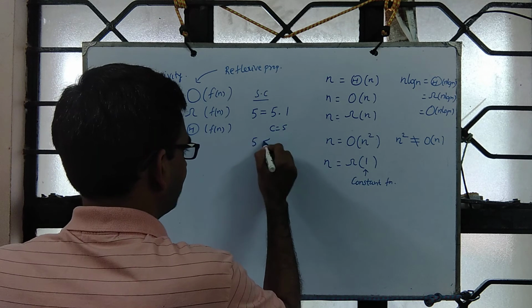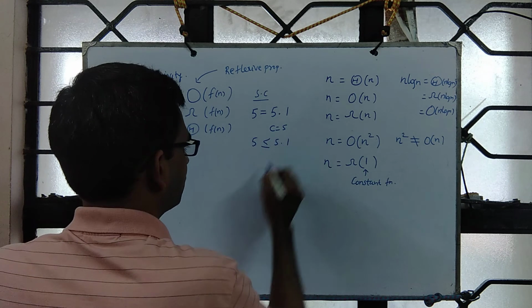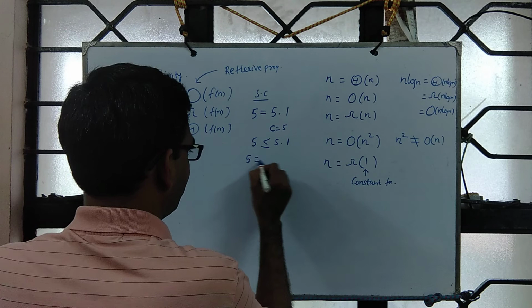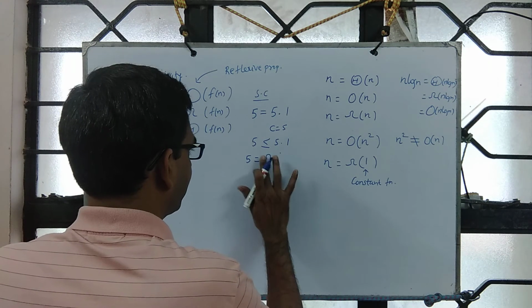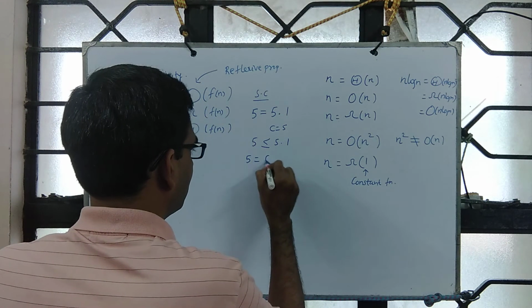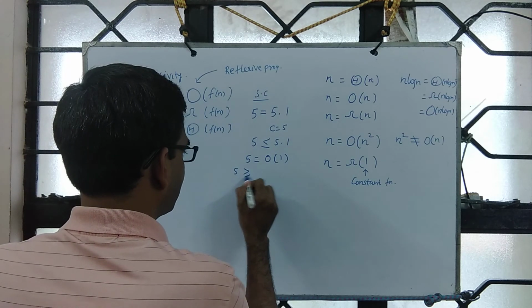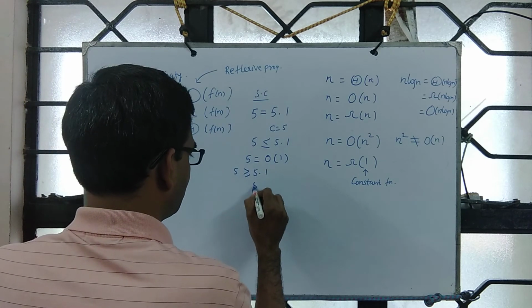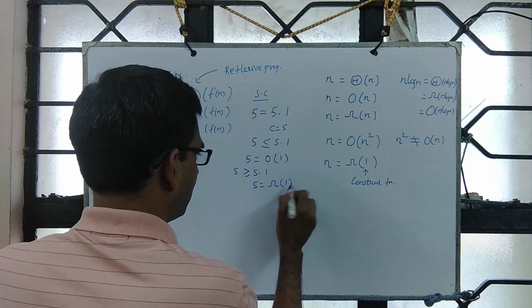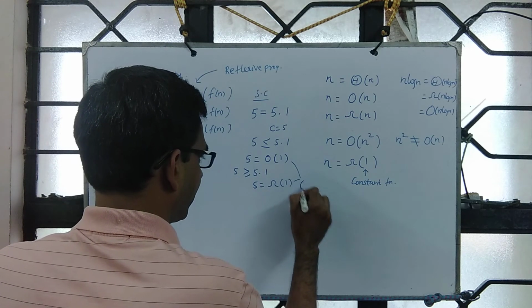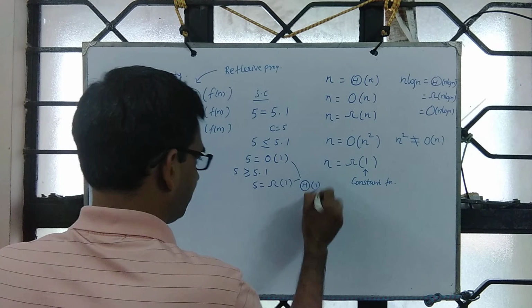So 5 is less than or equal to 5 times 1, which means 5 is order of 1. You can also write 5 is at least 5 times 1, so which means 5 is omega of 1, and from these two one can write it is theta of 1.